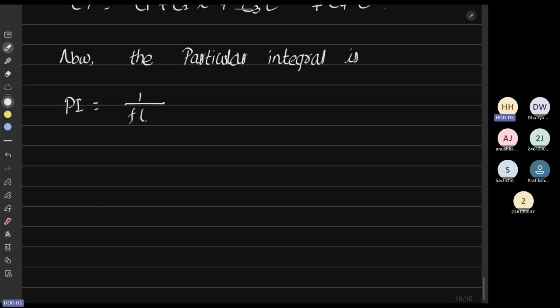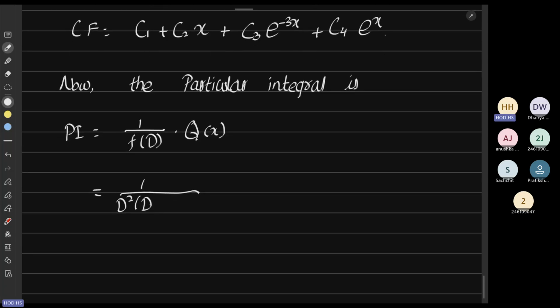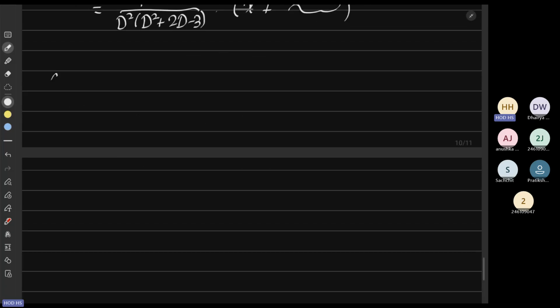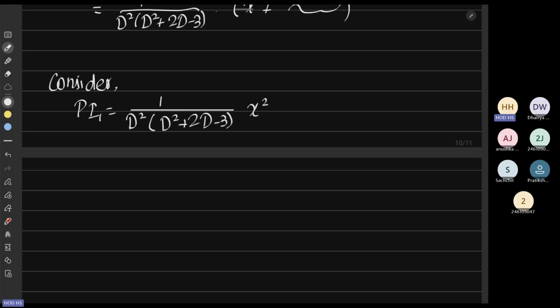So PI is equal to 1 upon f(D) times Q(x), which in this case is 1 upon (D² + 2D − 3) of x², and whatever the rest of the terms for which you need to calculate. So I'll just consider PI1 as 1 upon D²(D² + 2D − 3) of x².